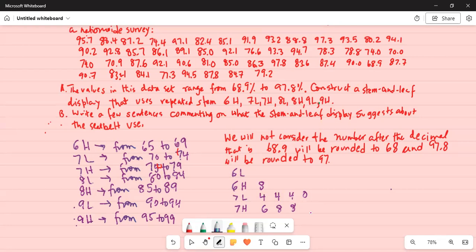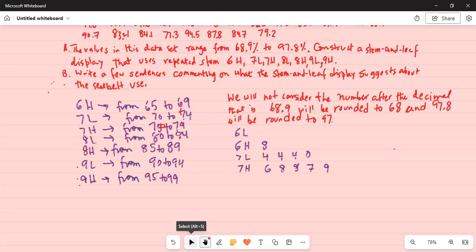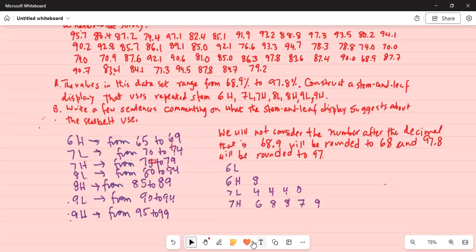Then in the third row, 74 and 70.9 are already accounted for. No more 70s. Okay. And in the fourth row, there is a 77.3, which is a 77, and a 79.2, which is a 79. So if I move this a little bit up, now I will do 8 low.